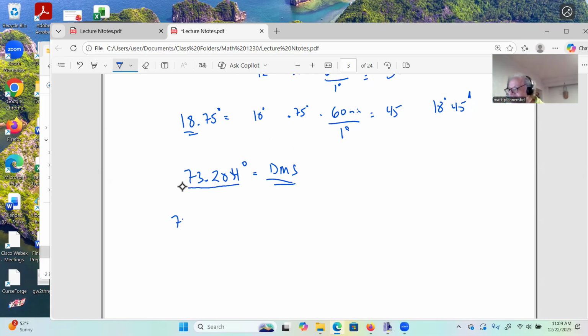So we're going to say we have 73 degrees. We have 73.284. The 73 degrees is already in degrees. We don't have to deal with that. So we have 0.284, and we're going to say this is in degrees. We have 0.284 degrees times 60 minutes per 1 degree.